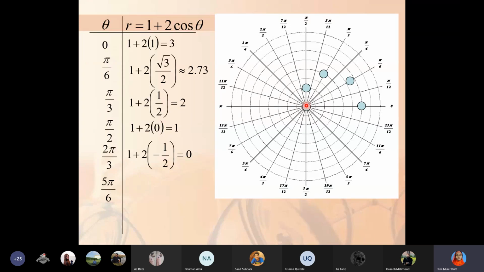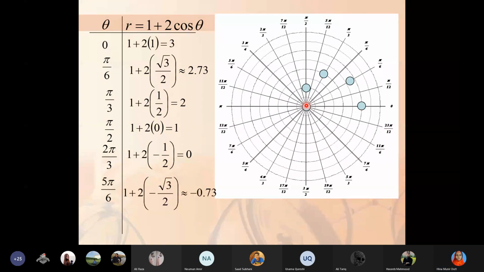When theta is 5 pi by 6, the value of r is minus 0.73. So now the value of r is negative. This is my 5 pi by 6. Now r is negative, so the line opposite to 5 pi by 6 is this, 11 pi by 6.